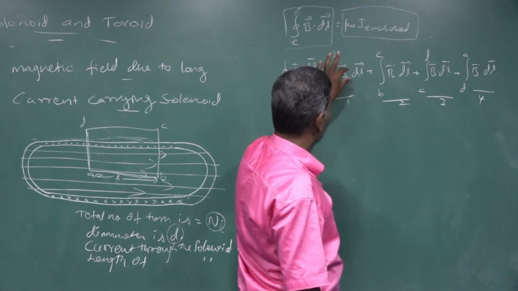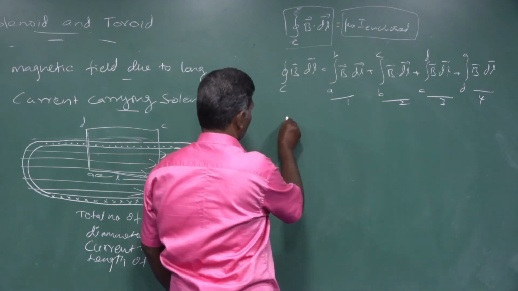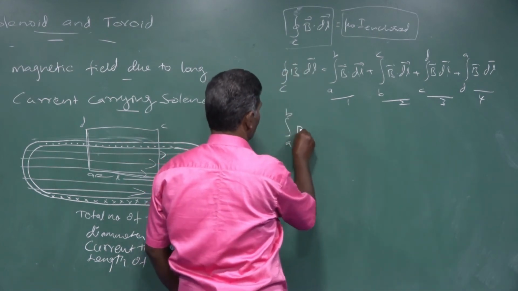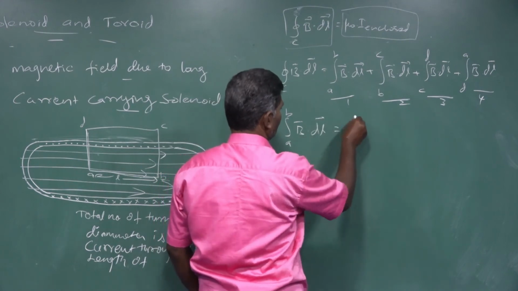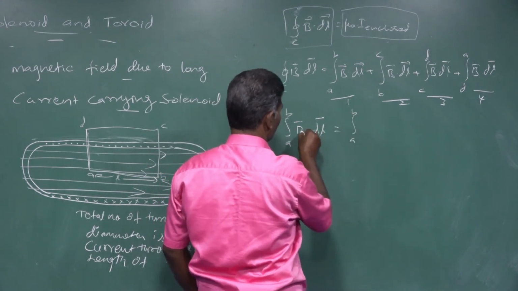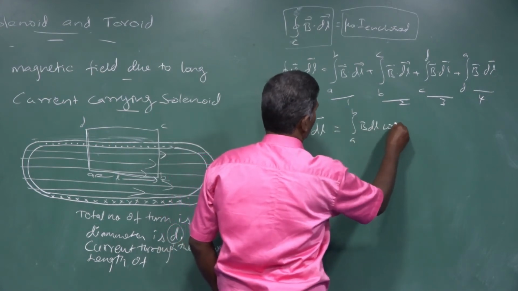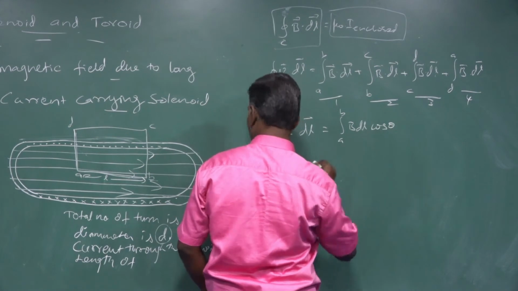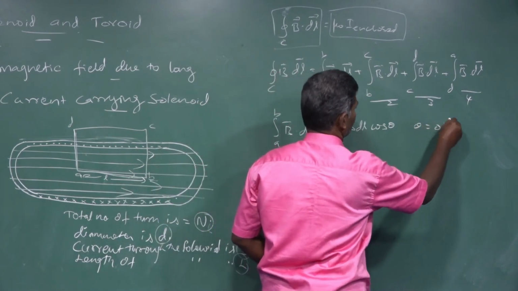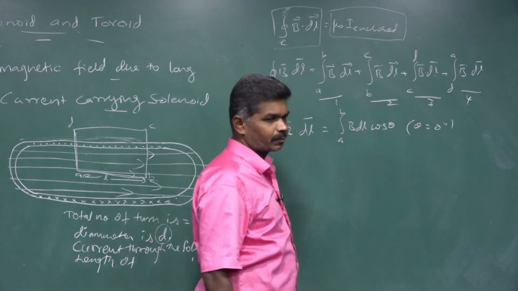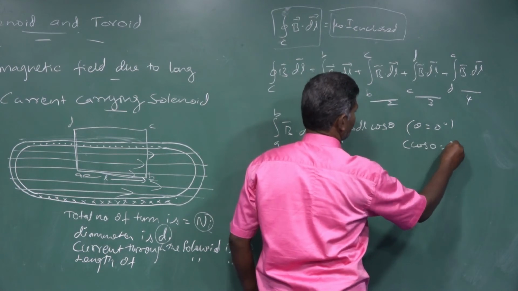So that integral value is 0. First we are going to calculate the first one, the integral from A to B of B vector dot dl vector. This can be taken as B dl cos theta. Here theta is 0 degrees. We know that cos 0 degrees is equal to 1.